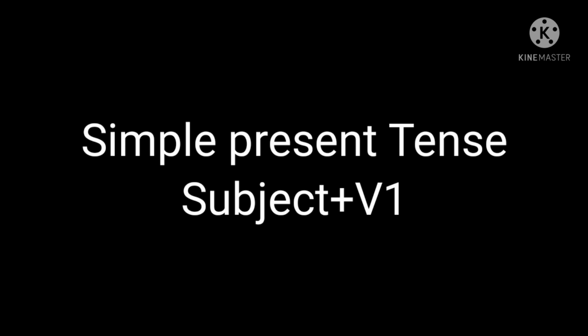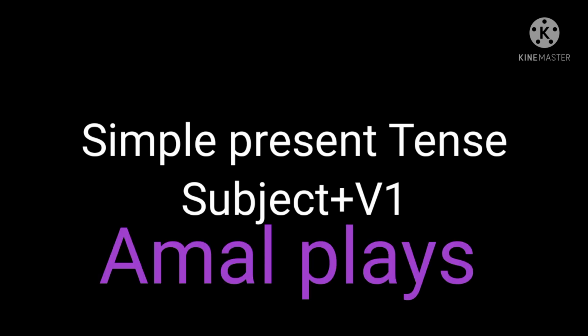So here, in order to frame a simple present tense, we use the subject in the beginning of the sentence, and the base form of the verb. For example, Amal plays. See, Amal is the subject, plays is the V1 form. When it comes to third person singular, we use S or ES.